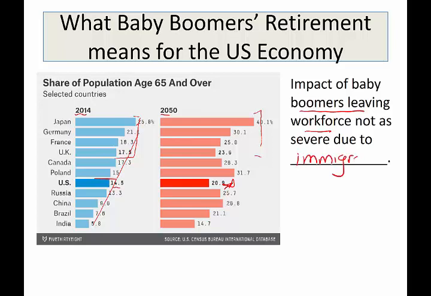So the people who are immigrating to the U.S. are building up our workforce, and so that will mitigate some of the impact on the economy, but that is not the case in Japan. Japan has a very strict immigration policy and doesn't let in a lot of immigrants, so they're starting to have a tough time.